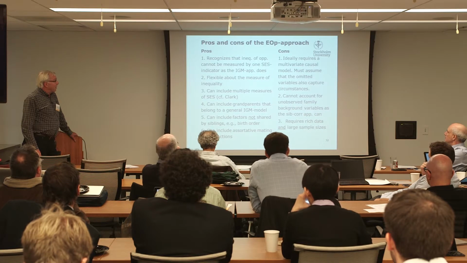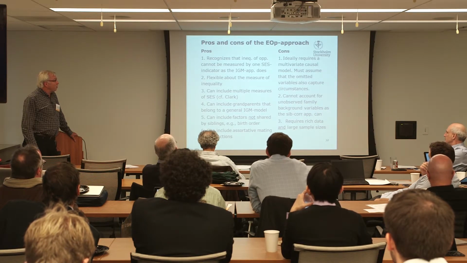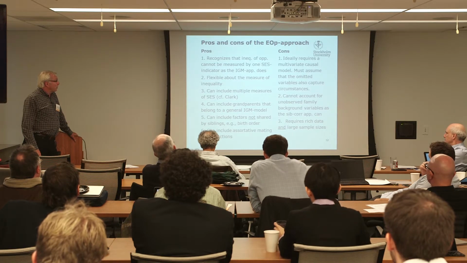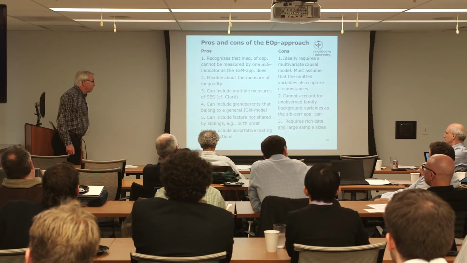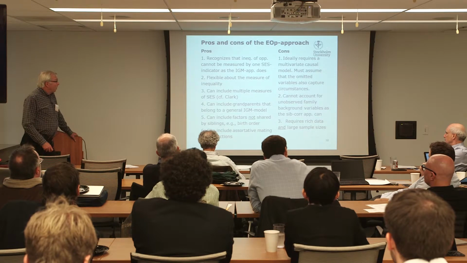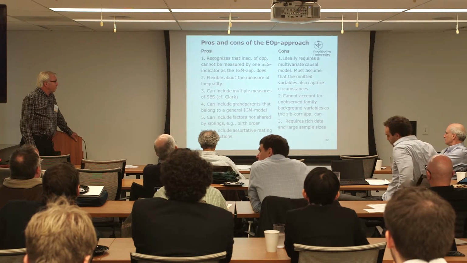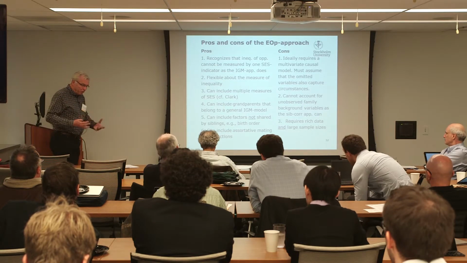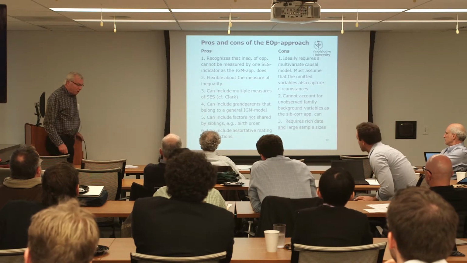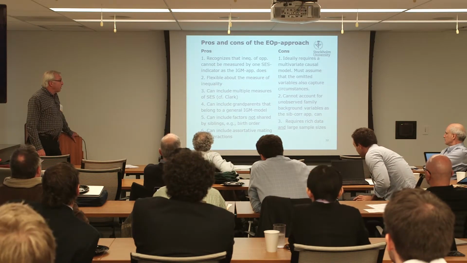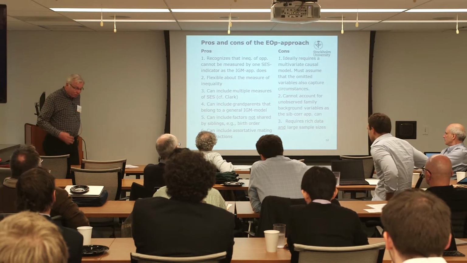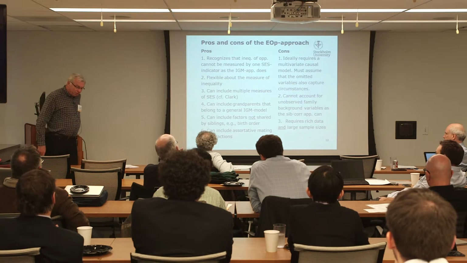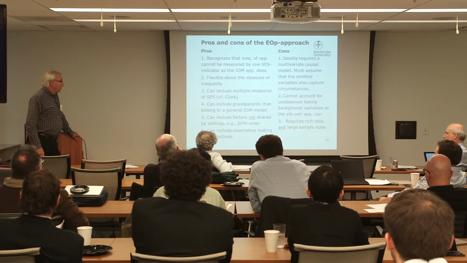So this is a much broader approach to inequality of opportunity than the mobility approach. It's also a major strength that the approach is flexible about the measure of inequality, because this is basically a normative type of study, and then it's nice to use measures of inequality that reflect different types of norms.